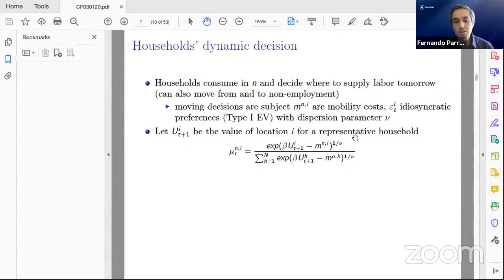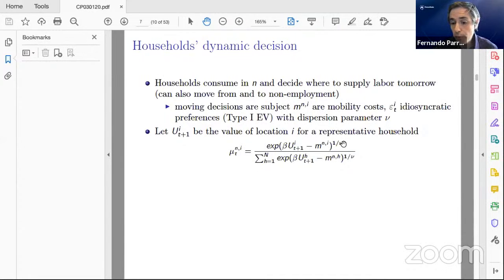In particular, using the properties of the type 1 extreme value, we can compute the gross flows across locations, where mu_{n,i} shows the fraction of households from n that move to i at time t. This is going to be a forward-looking equation that is going to depend on the expected value of location i tomorrow, net of mobility frictions, relative to any other location.